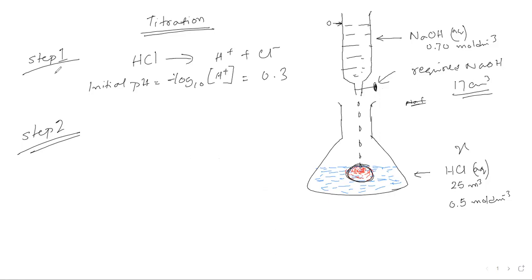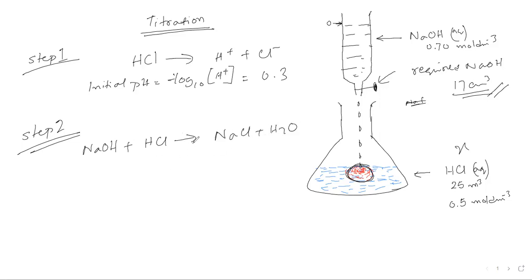Now step 2 is to find the moles of HCl which is being neutralized. Now how do we find that? We can find it from the above process. If 17 cm cube of sodium hydroxide is required for the complete neutralization reaction, we can simply write the equation again, and we will get NaCl plus H2O.